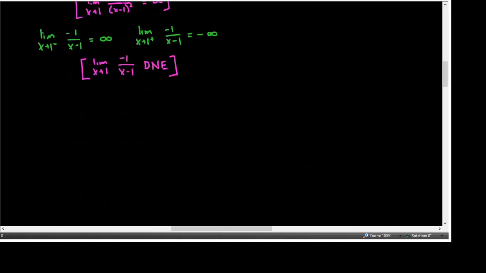Okay, let's move on. So this leads us to the definition of a vertical asymptote.